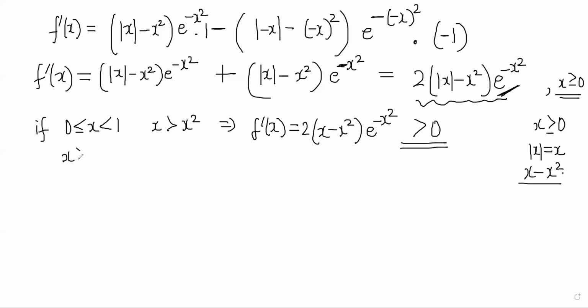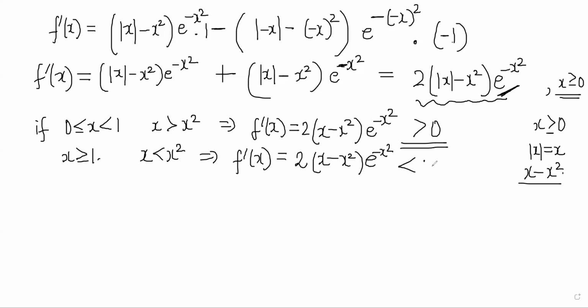And for x greater than or equal to 1, x is less than or equal to x², and therefore f'(x) = 2(x - x²)e^(-x²) is less than 0. So what we know from here is that f'(x) is positive for 0 to 1 and is negative from 1 onwards.